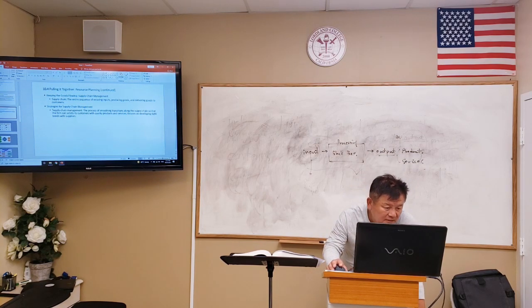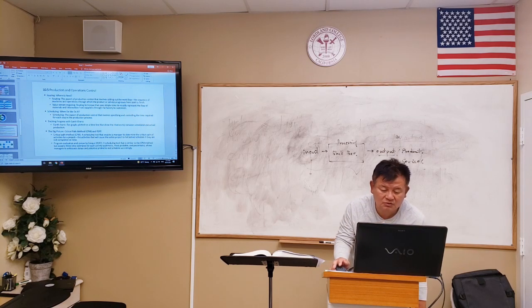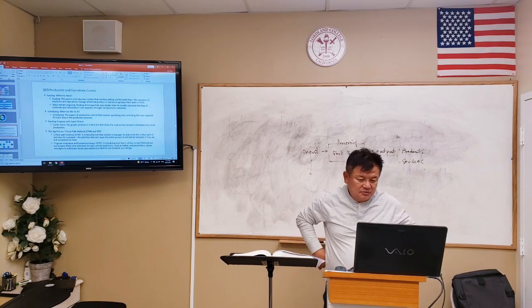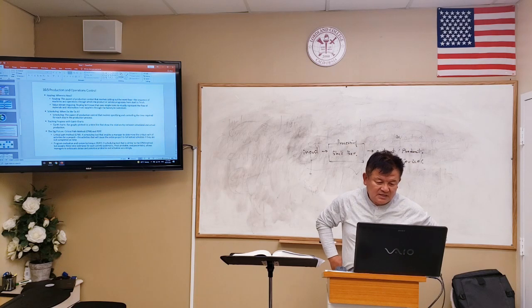Okay. Let's move to 10.5, production and operation control. Leading, location, planning, and continuous, we say this control. Production and operations control. The first concept we have to know is where, next is routing.